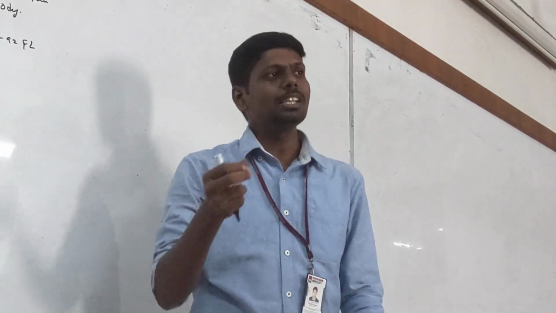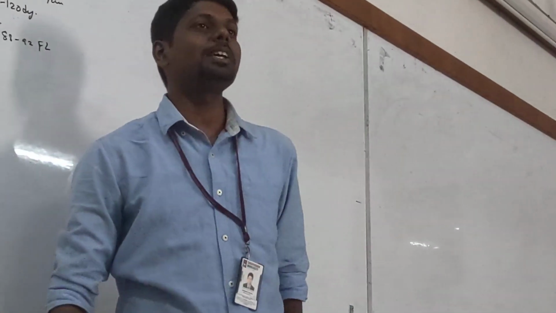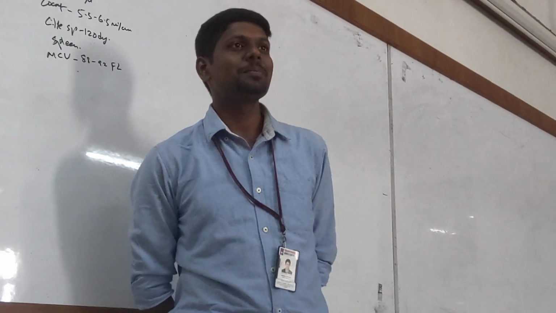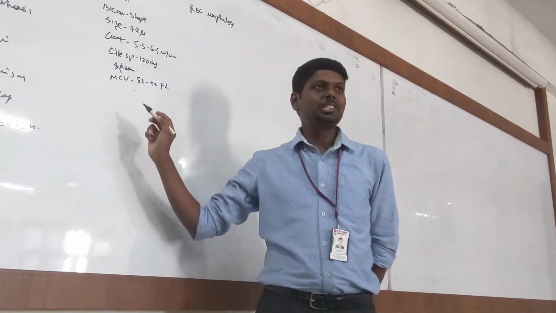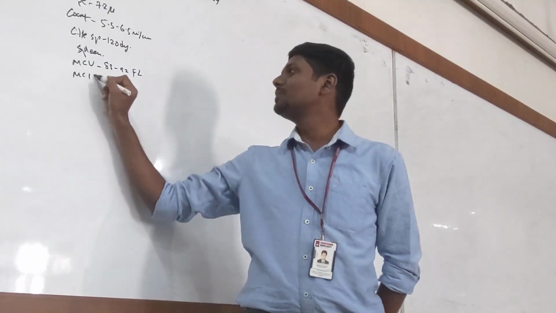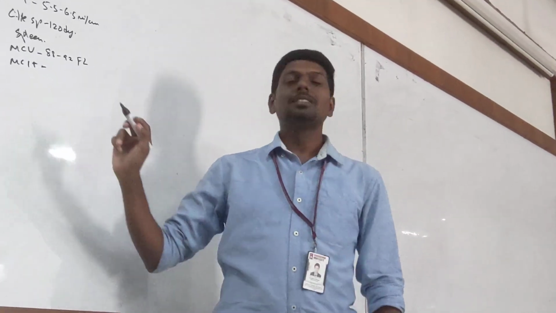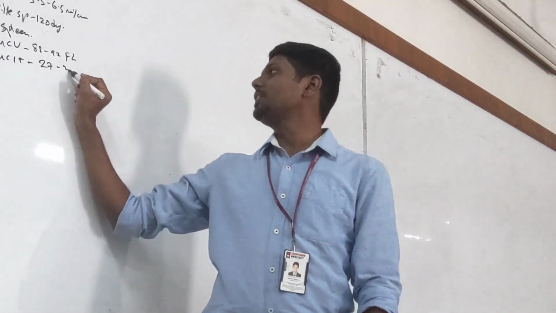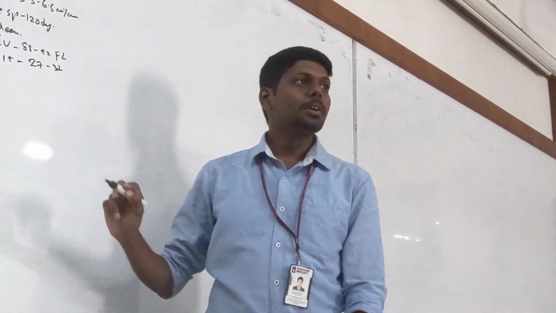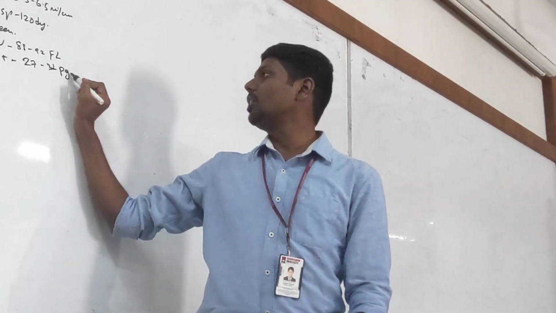Right? What is the average hemoglobin in the RBC? MCH value. What is the MCH value? 27 to 32 picograms.